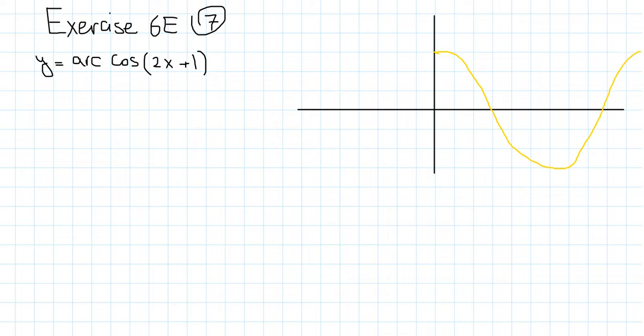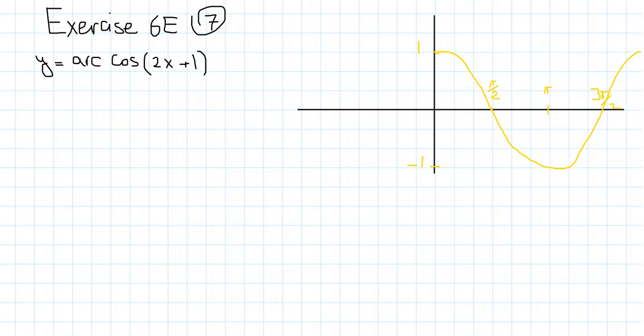So at this point we have intersection at pi over 2 and here is 3 pi over 2, and here I have pi, and here is 1 and negative 1. It is the graph of cosine.